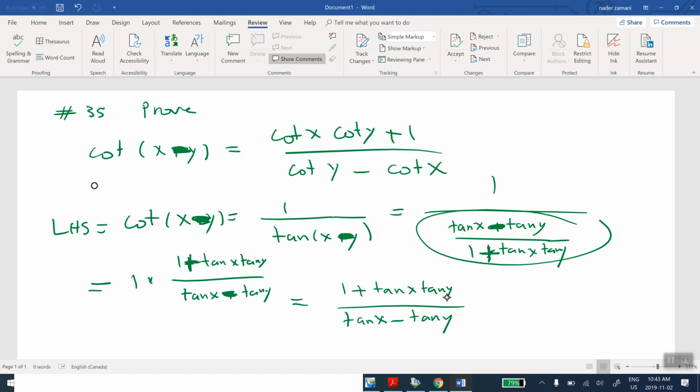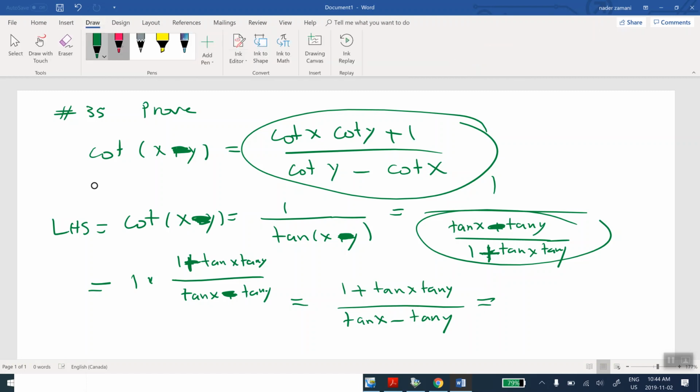Okay? Now, this doesn't look like that. So what I'm going to do is divide the top and the bottom by tan x tan y.